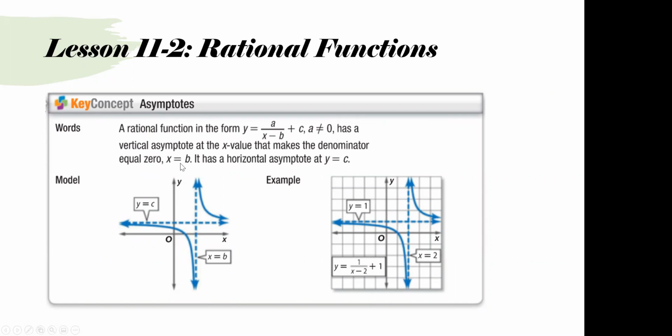It has a horizontal asymptote at y equals c. So if we're adding or subtracting something to our rational function, then we're going to have a horizontal asymptote there. The vertical asymptote was the one we were just talking about, when the denominator is equal to 0.